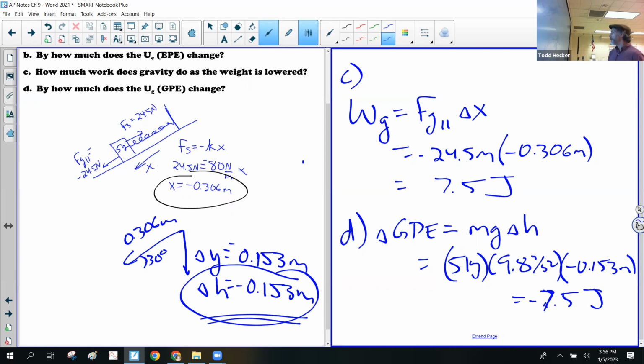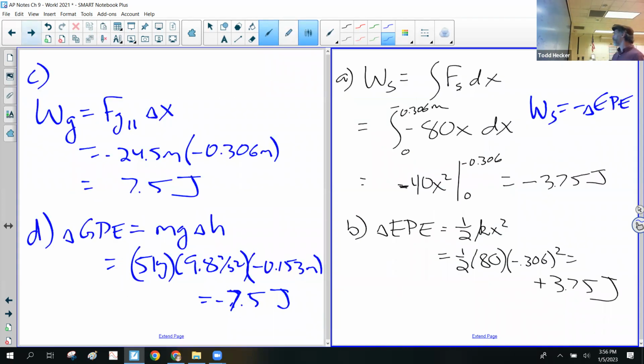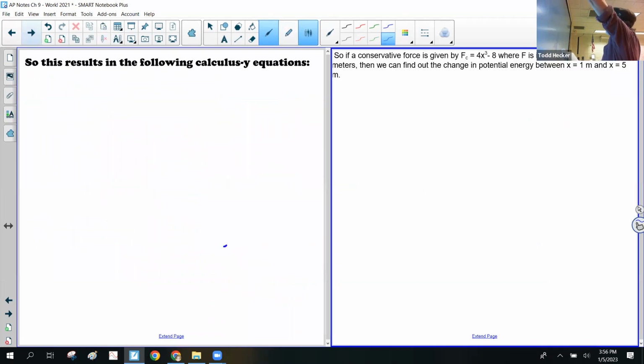So this elastic potential energy equation that we came up with isn't even really a new calculus equation, but it's worth commenting that, sorry, I wrote it on my paper.